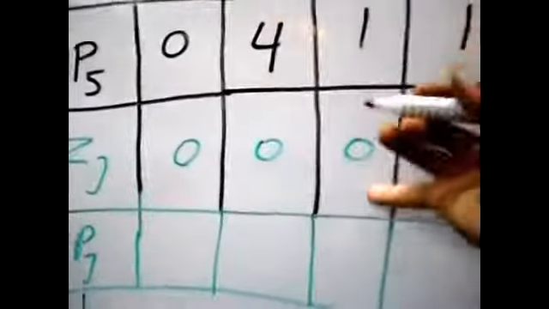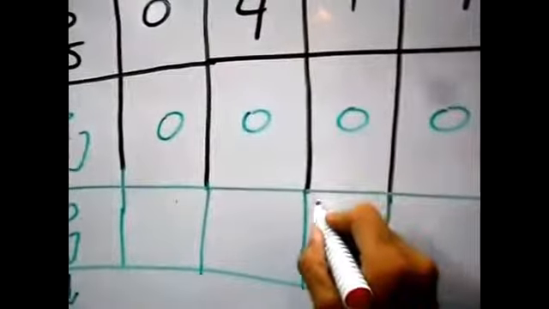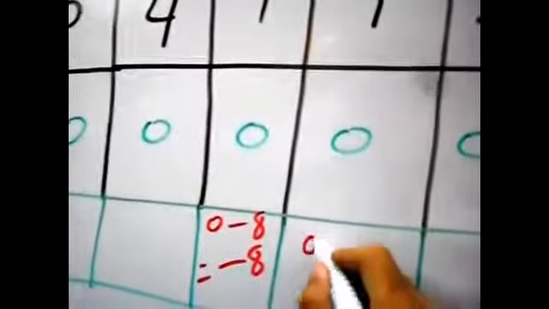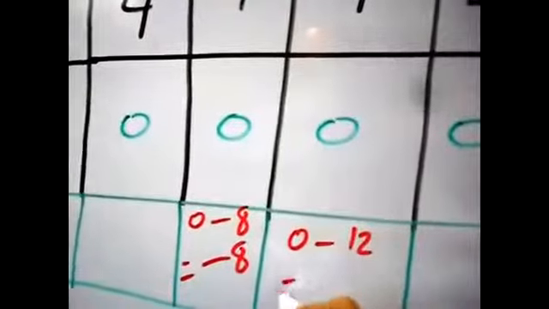So we start to calculate. First, zj minus pj: 0 minus 8 is minus 8, 0 minus 12 is minus 12, 0 minus 9 is minus 9, and 0 minus 0 is 0, 0.